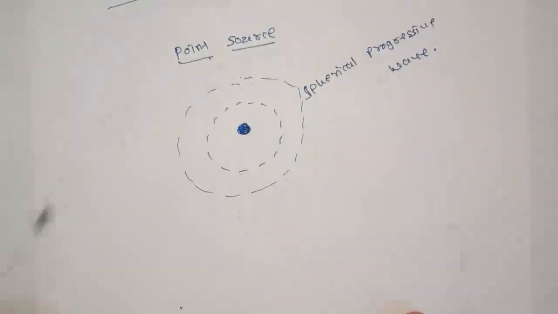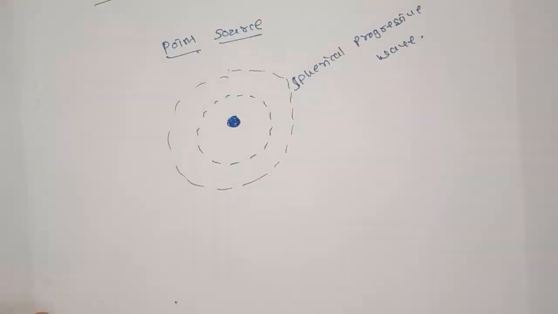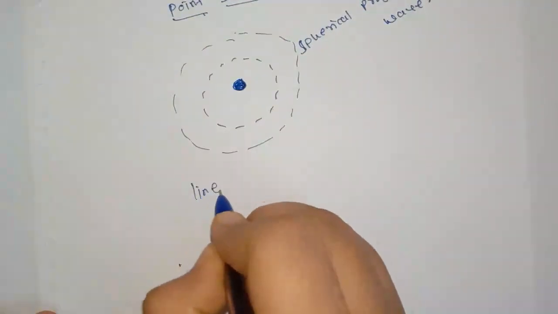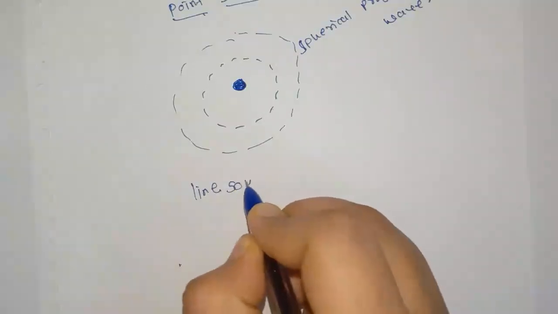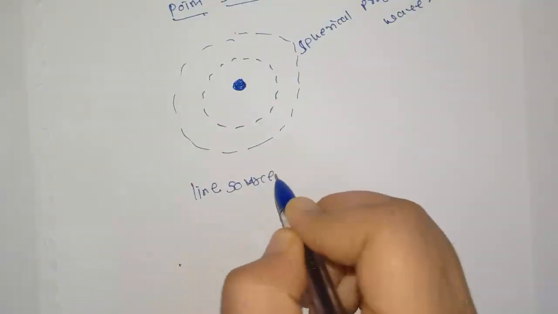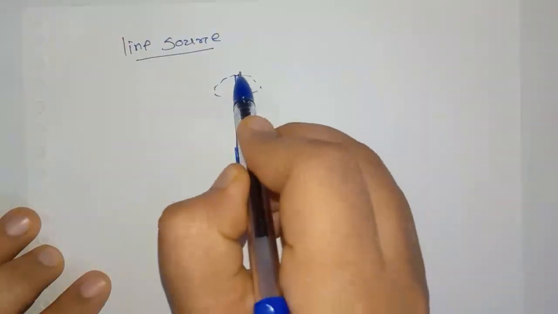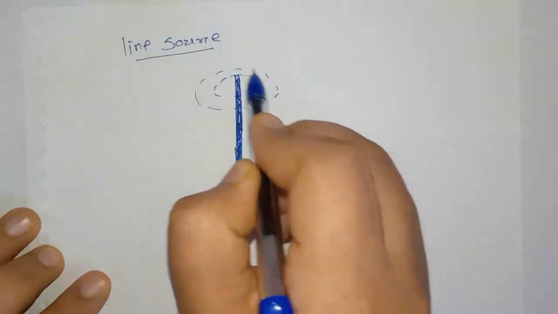If the source is a line source, then surrounding it there will be cylindrical waves.